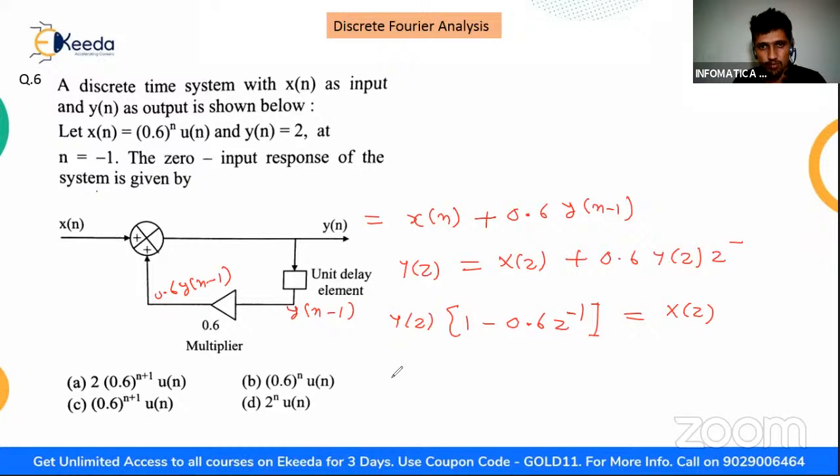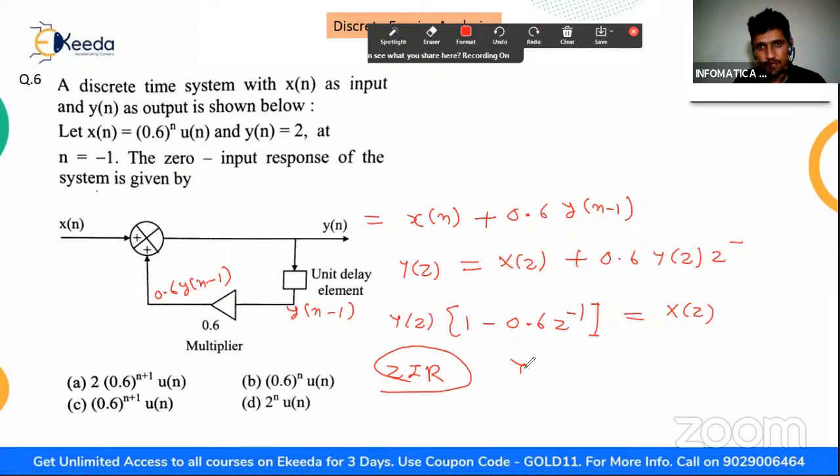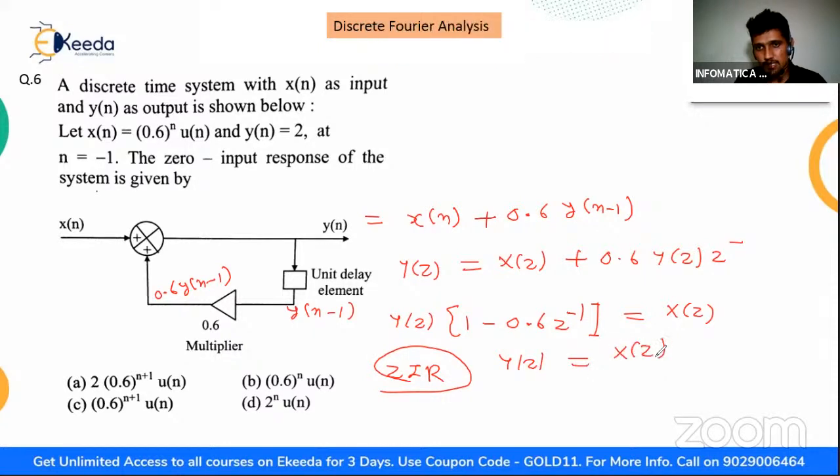We have to calculate the zero input response, which will be defined by this equation. So we take the inverse z transform of Yz, which is Xz upon 1 minus 0.6 z inverse.